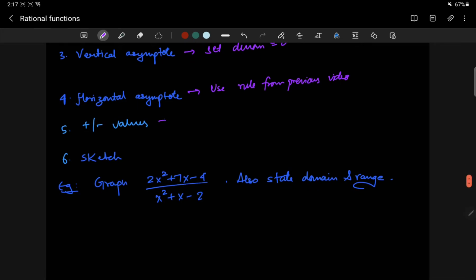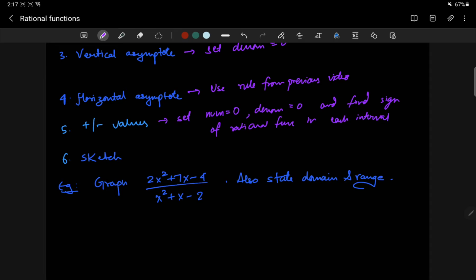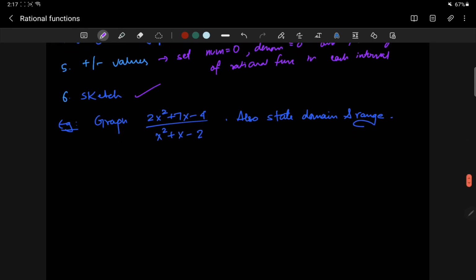For plus minus values, you set the numerator equal to 0, the denominator equal to 0, and find the sign of the rational function in each interval. Okay, we will go over what that means and how to do that. And lastly is sketch. When you sketch, you make sure that all the conditions of 1 through 5 are satisfied. Okay, so let's follow the process.